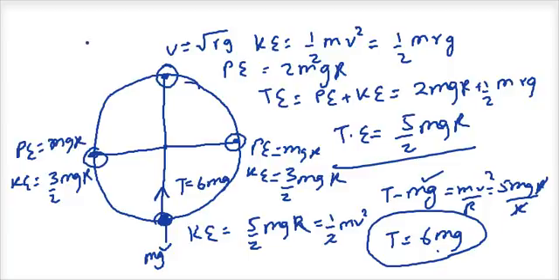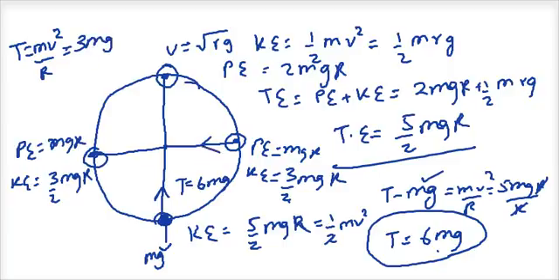At this point, I will see that tension will become equal to what again? mv squared by r. So tension is equal to mv squared by r. I will see that 3 by 2 mgr is equal to half mv squared. 2 gets cancelled. So mv squared is 3 mgr. r goes down. So I will get mv squared by r is equal to 3 mg.